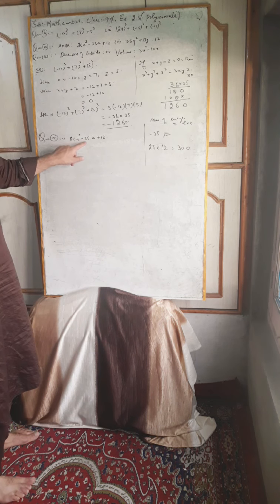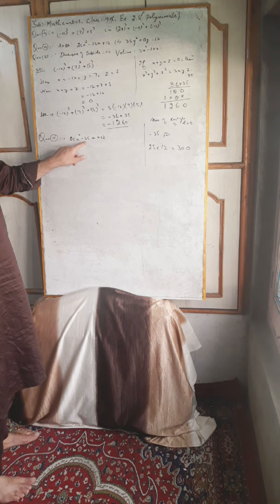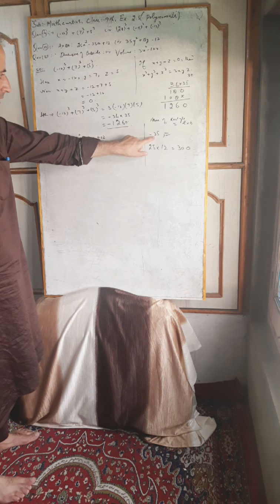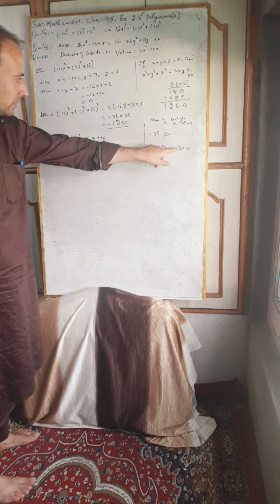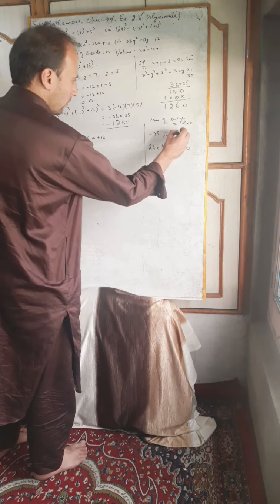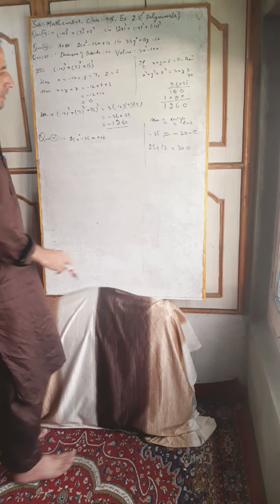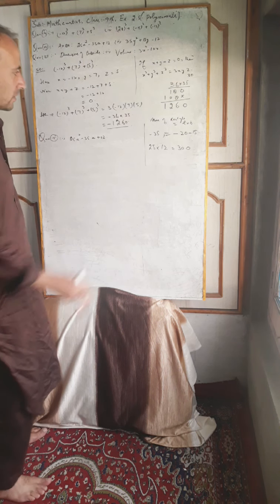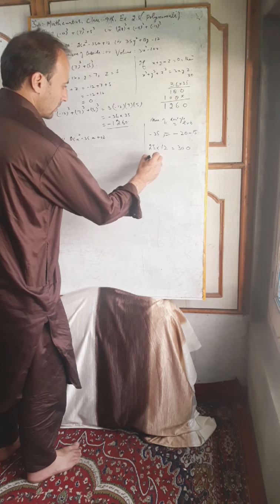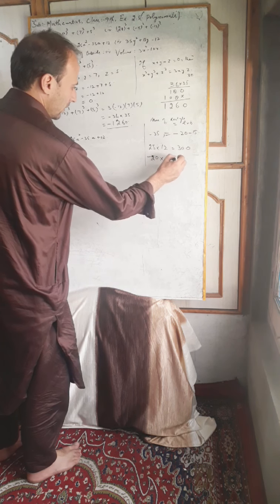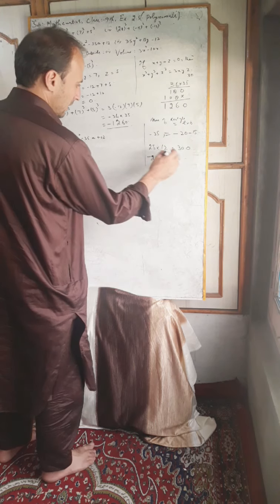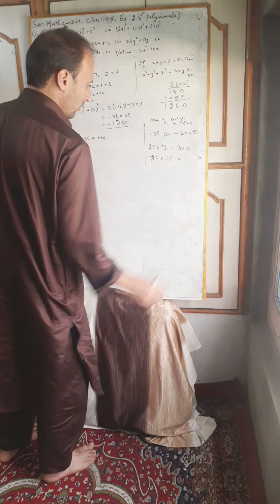Here we have to split minus 35 so that the sum of the two numbers is minus 35, and when we multiply those numbers we get 300. Obviously it is minus 20 and minus 15, because minus 20 minus 15 is minus 35, and minus 20 into minus 15 is plus 300.